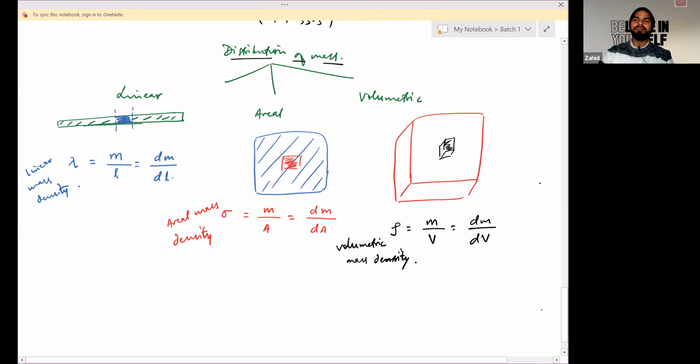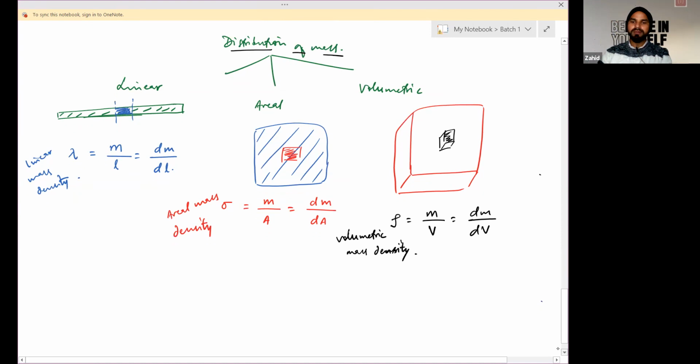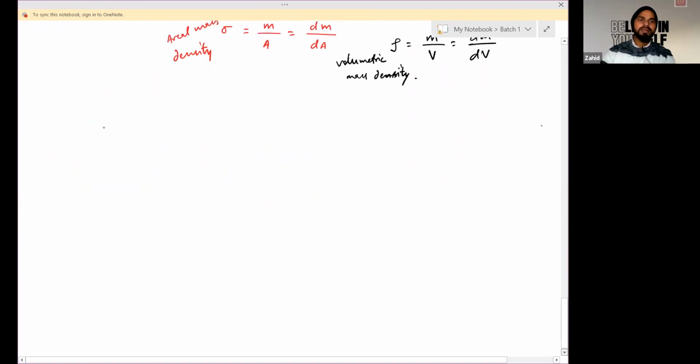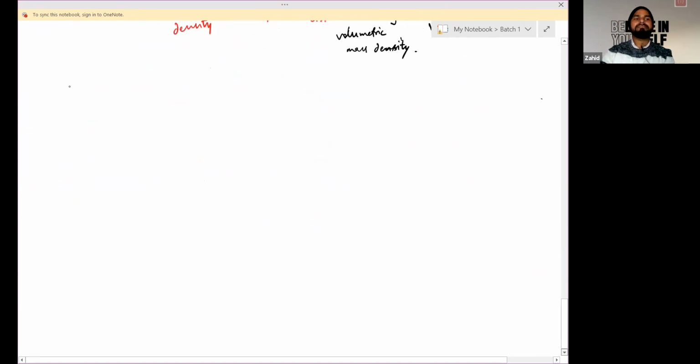Yes, sir. Done. Now, depending upon these distributions, we may define a formula for it. So the next term is position of center of mass for uniform distribution of mass.